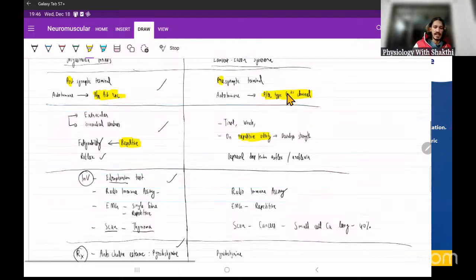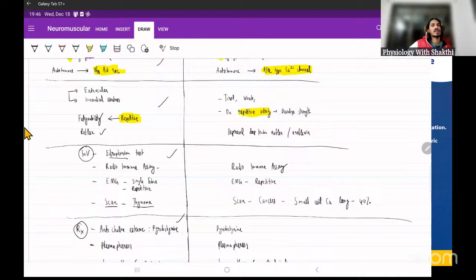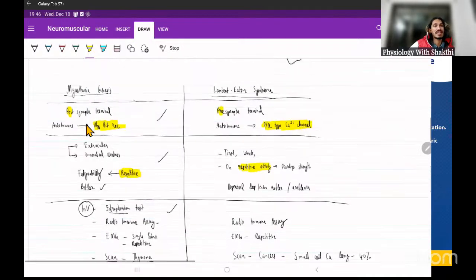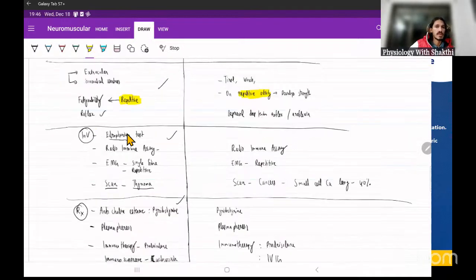Okay, then investigation. So for myasthenia gravis, you do something called the hydrophonium test. In hydrophonium, what we do is we give an acetylcholine esterase inhibitor. So acetylcholine esterase, what does it do? It breaks down whatever acetylcholine is there and takes it back.